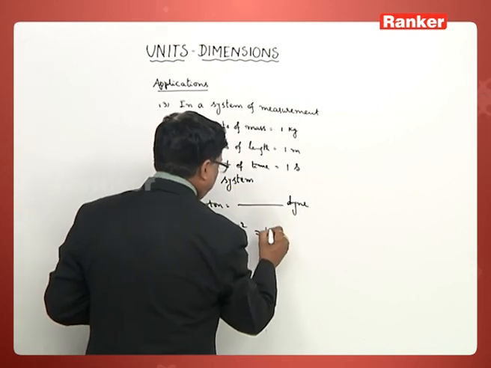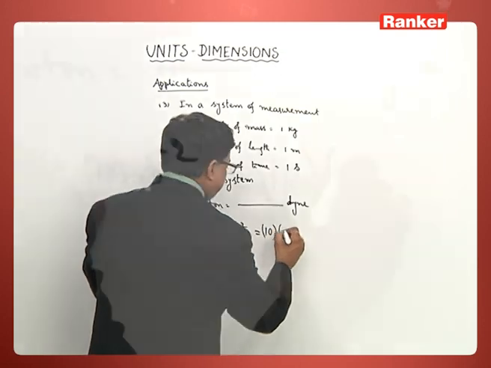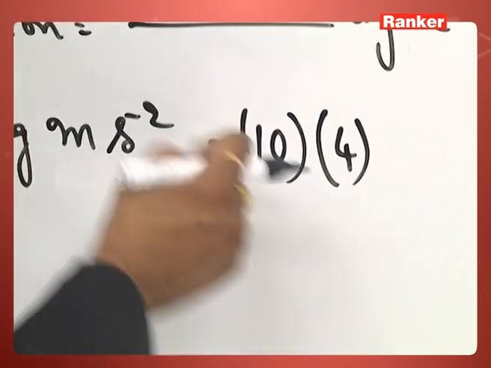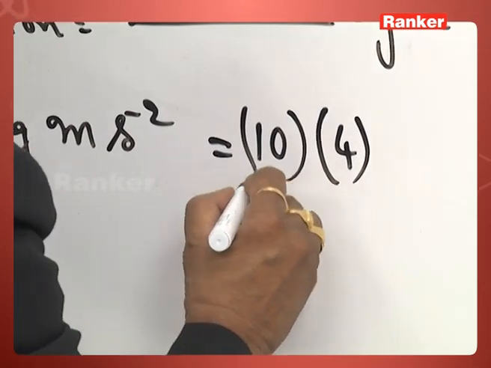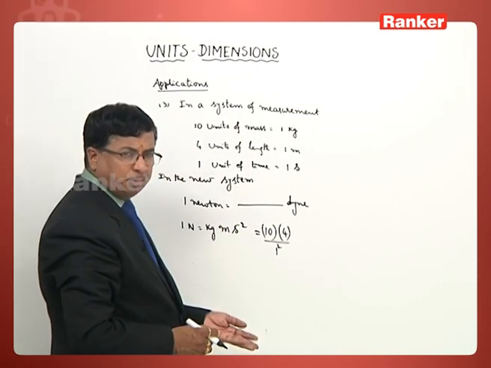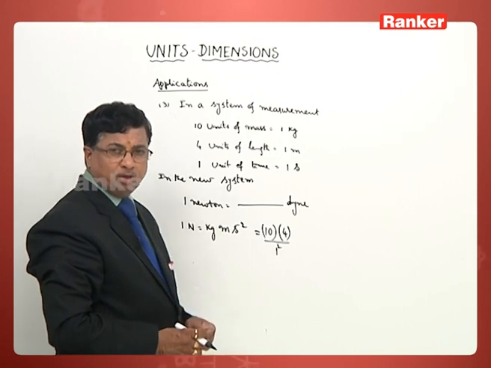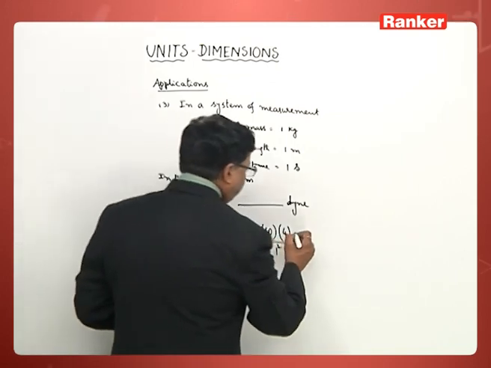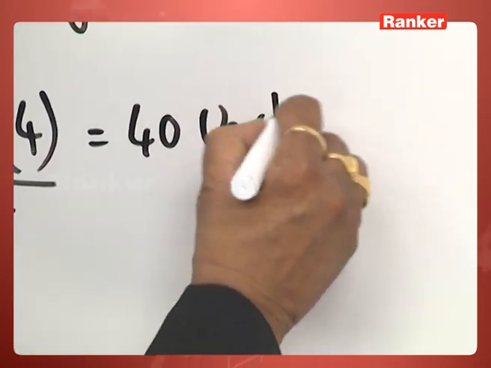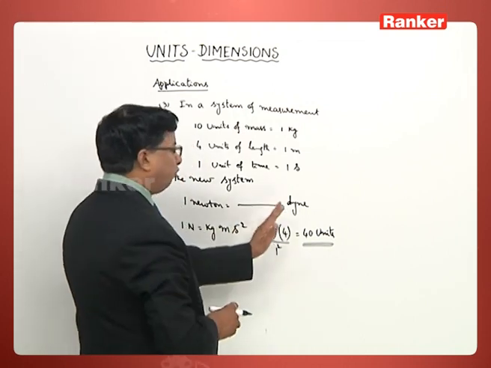It is 10 units. What is 1 meter? It is 4 units. What is 1 second? It is 1 unit. In fact, it is 1 squared. Whether I write that in the denominator or not, never mind. 1 squared is 1 only. So what is the ultimate result? 40 units. So 1 Newton in the new system is equivalent to 40 units.